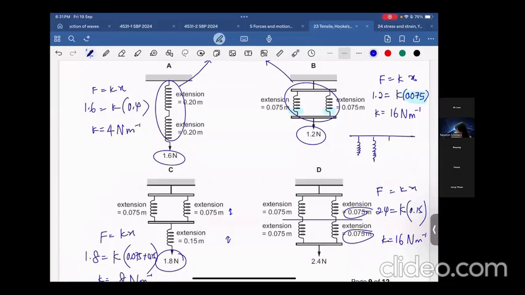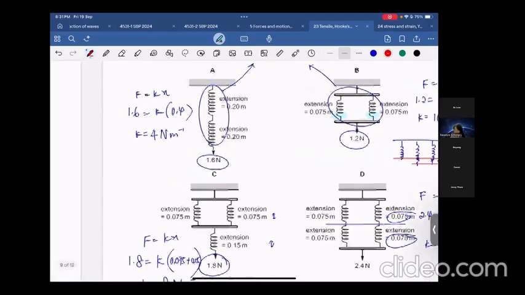My friend parallel with me also extends like this. So basically, the two of us in the overall system only extend 0.075 meter. I think you confused it with spring constant K. This is extension. Their extension will be the same.